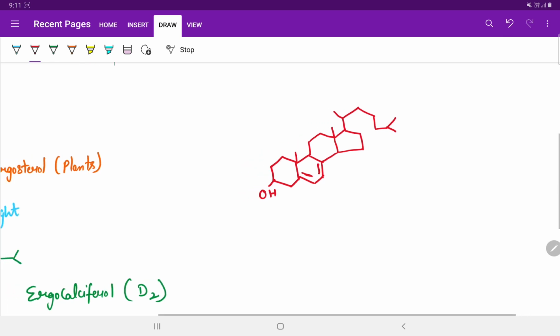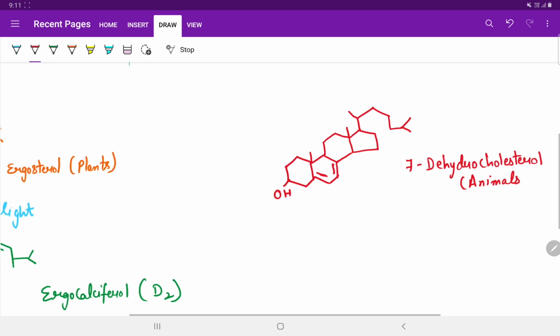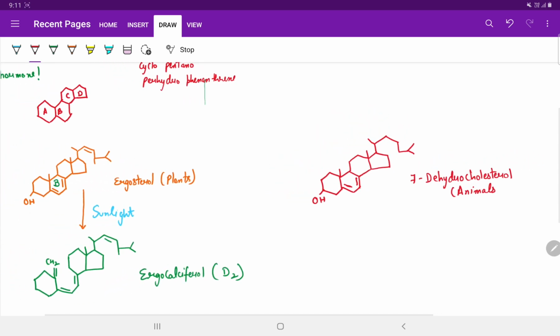So now you can see the structure of 7-dehydrocholesterol here. This is the case in the animals, and here you can easily see how this differs from the ergosterol in plants. You can see a double bond and an extra methyl group is not present in these.